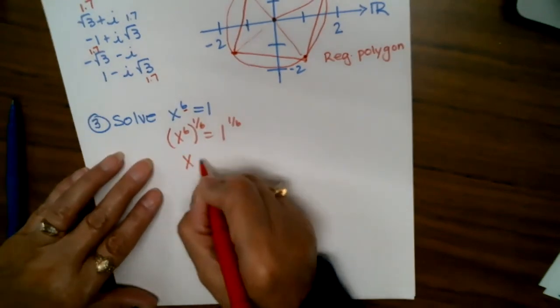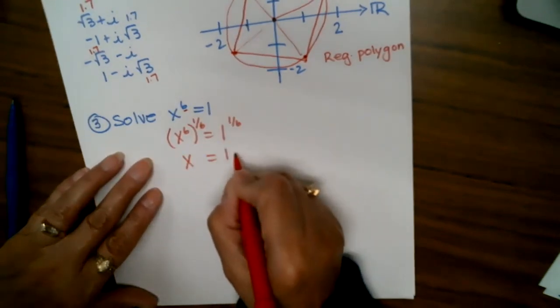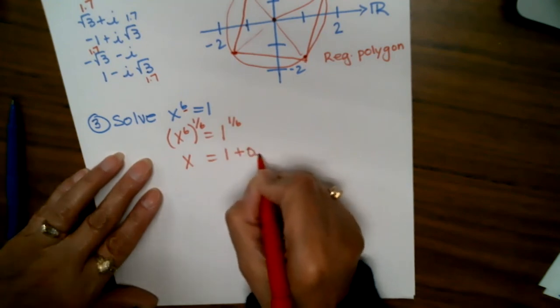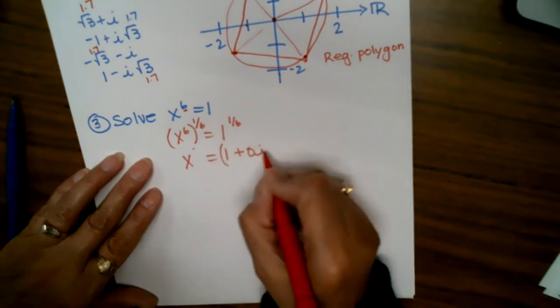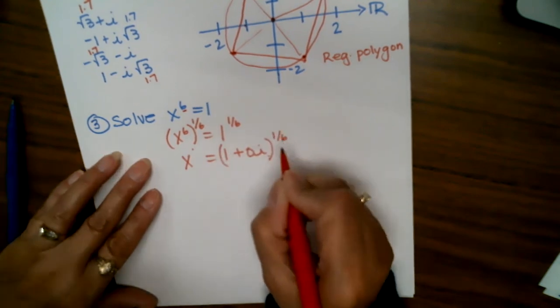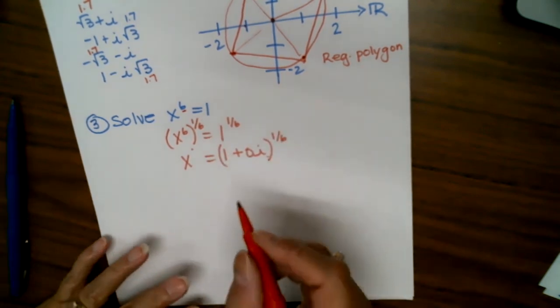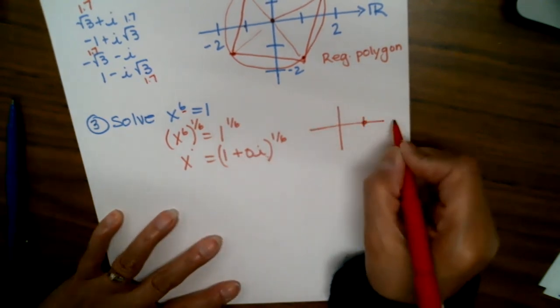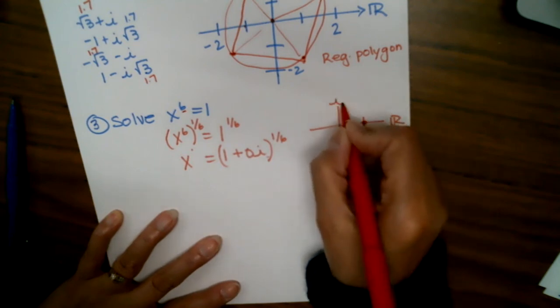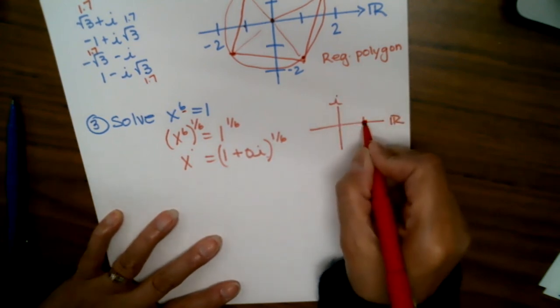So let me first write this 1 as a complex number. 1 plus 0i, and we want that to the 1/6 power. So that's 1 on the real number line. On the imaginary 0, that's right here.